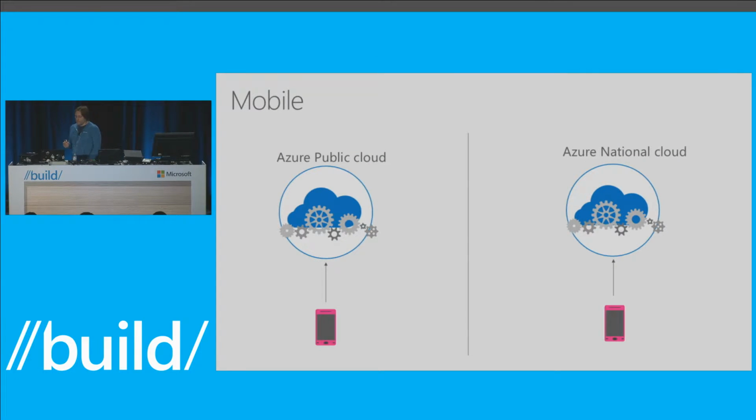So mobile. You could be developing a mobile application that's backed by a service you host in Azure, right? And while you're operating in countries that are okay just using public cloud, then that seems fine. You may want your mobile application to be used in places where Azure is a national cloud, like China.